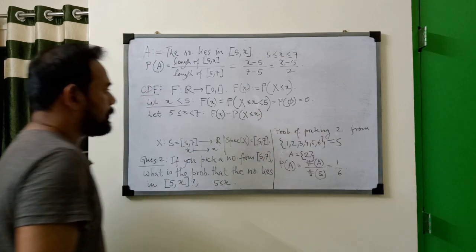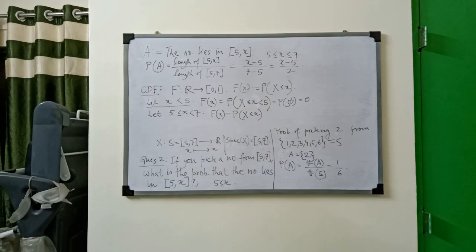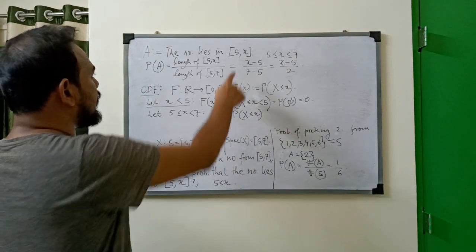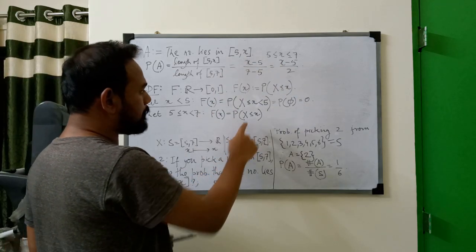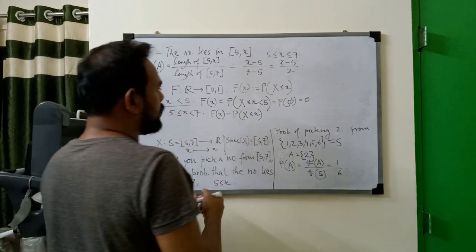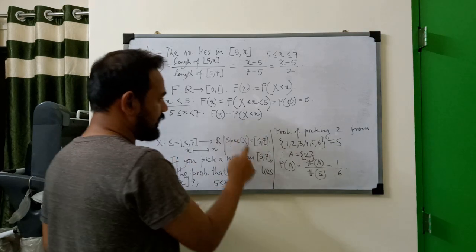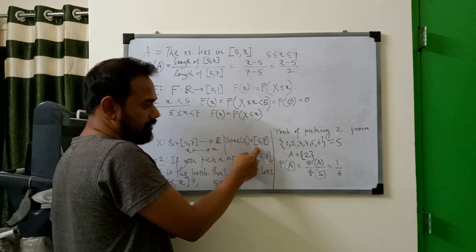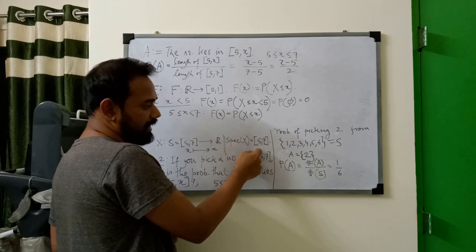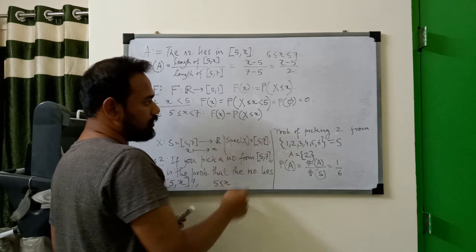Now it's this case. Of course, the value of capital X will have to be more than or equal to 5, because all values of X lie in the spectrum 5 to 7.